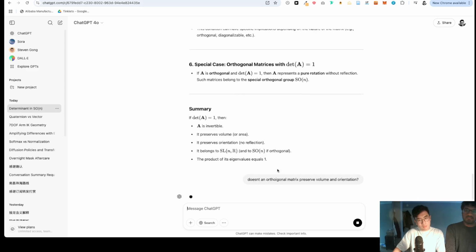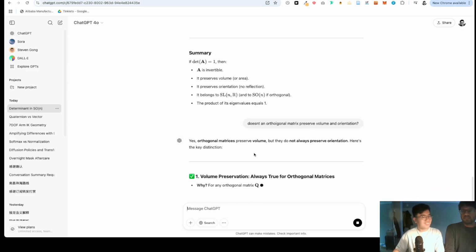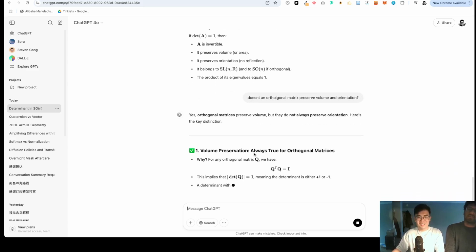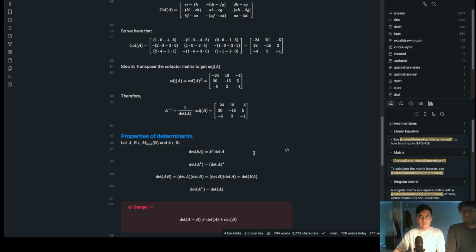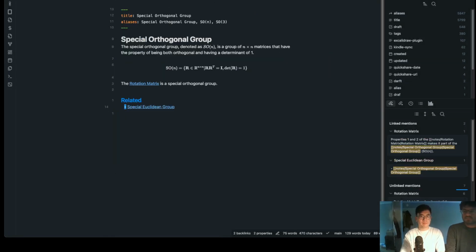You don't know? It does not always preserve orientation. Rotation matrix.